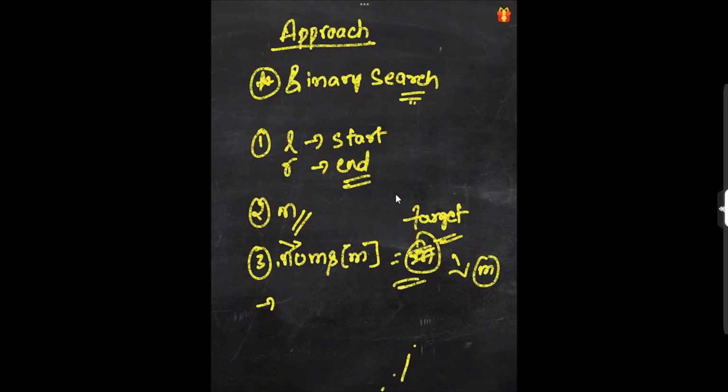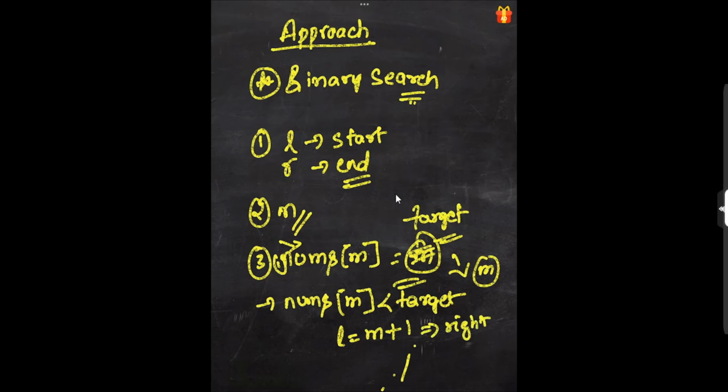Second thing here is, if nums of m is less than target, then we will move the left pointer to mid plus 1 to search only the right half, right?